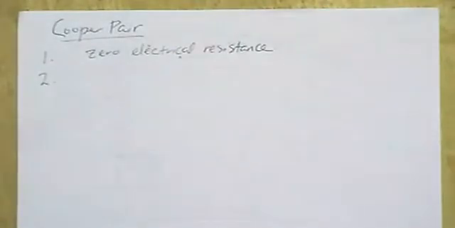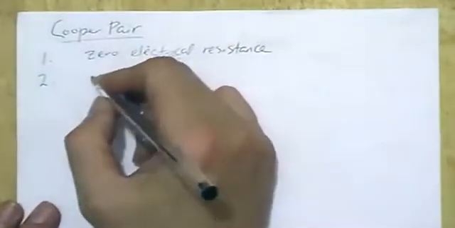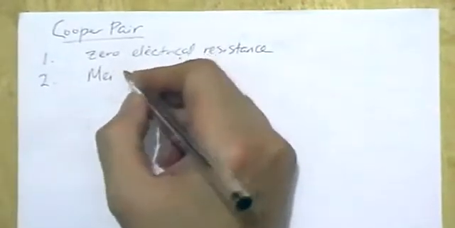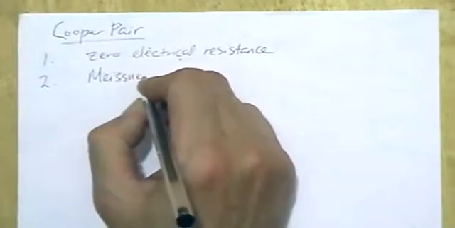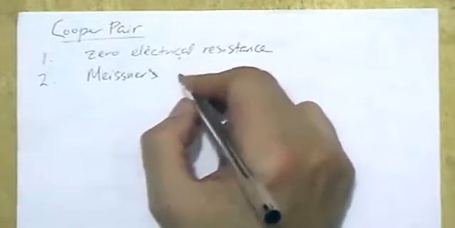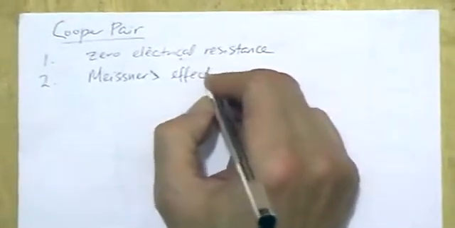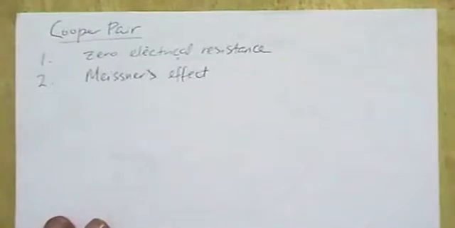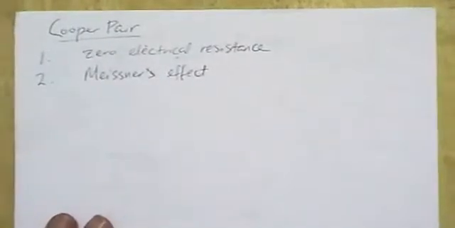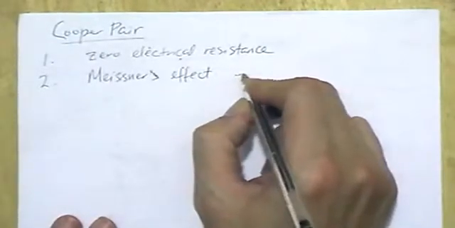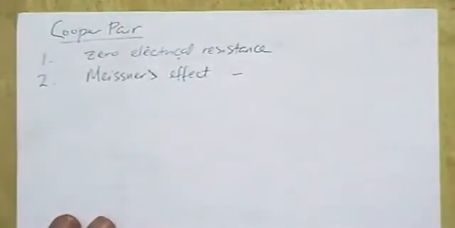Followed by number 2, Meissner's effect. Just the Meissner effect. This has in fact been explained by London, as I described in an earlier video, but there was one question that was left dangling.